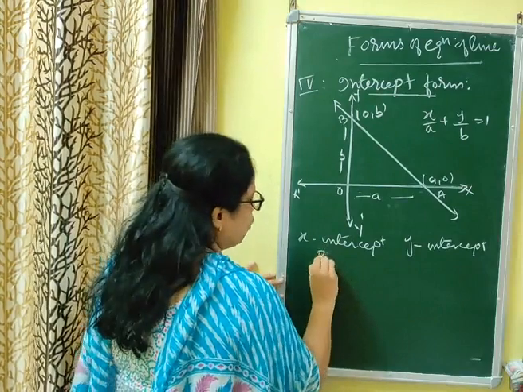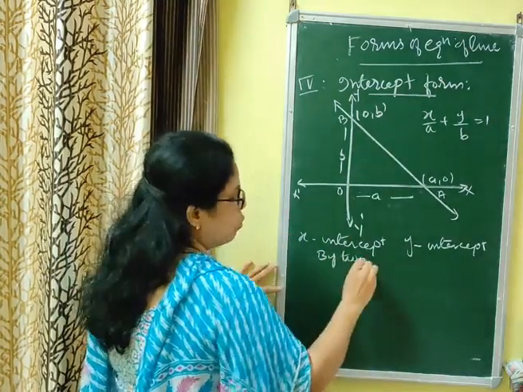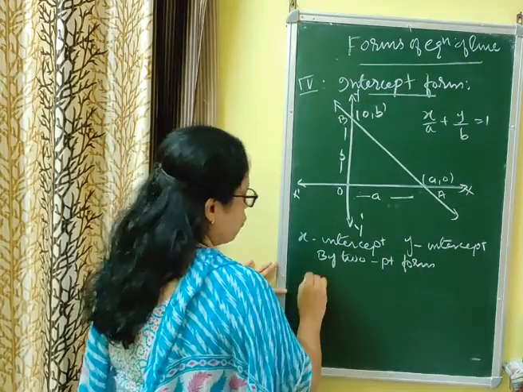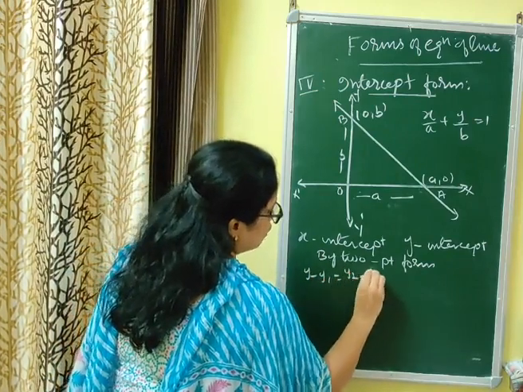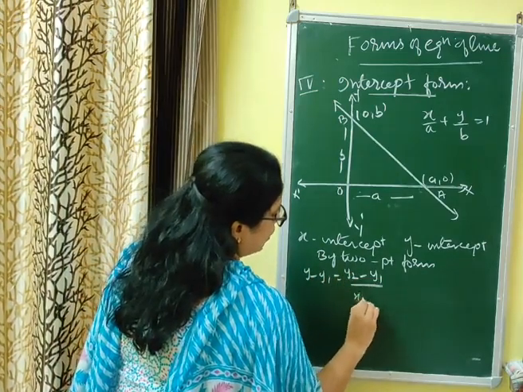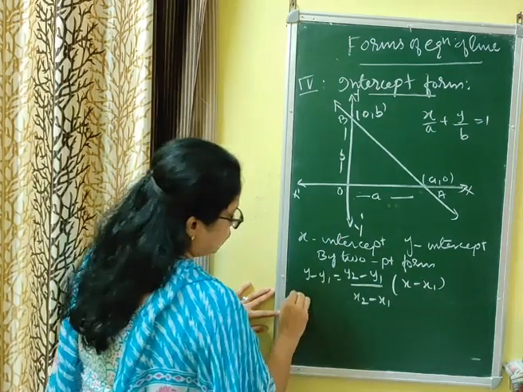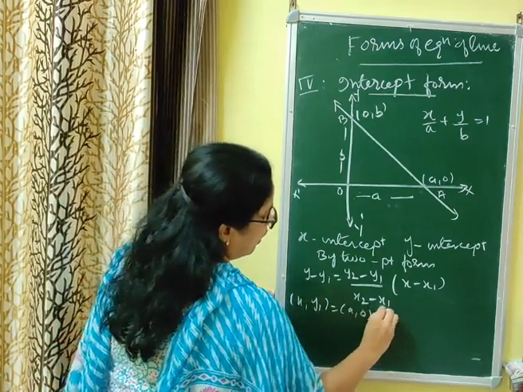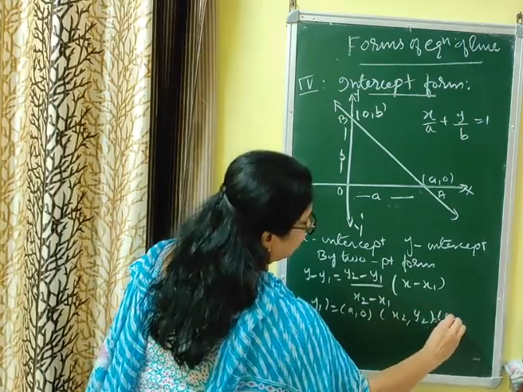Now, since you are given two points on a line, you can use the two-point form. What is the two-point form? y minus y1 is equal to (y2 minus y1) upon (x2 minus x1) into (x minus x1). Here (x1, y1) is (a, 0) and (x2, y2) is (0, b).